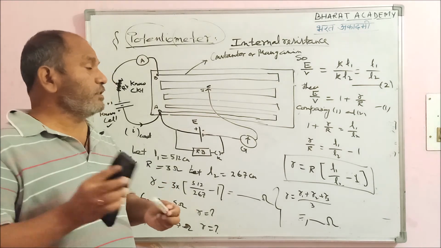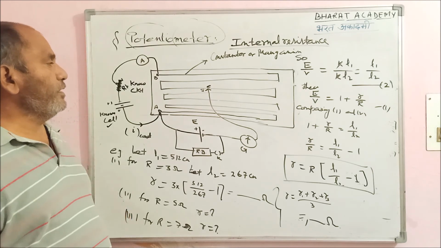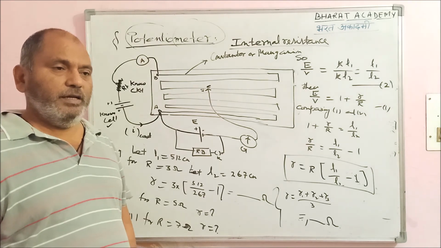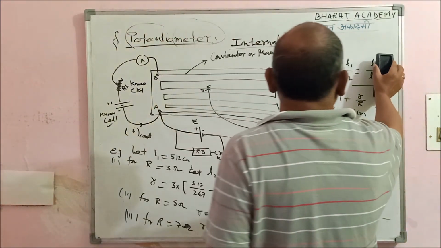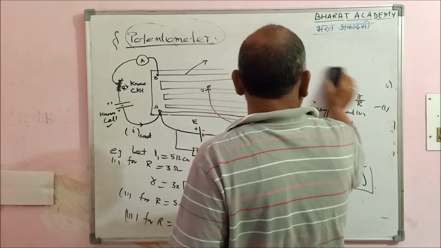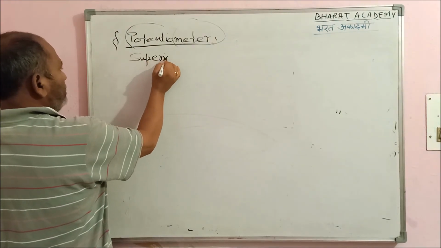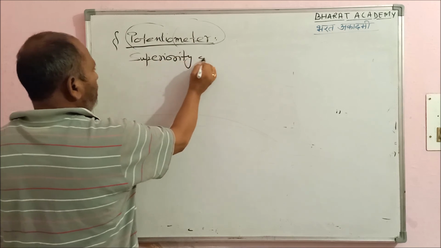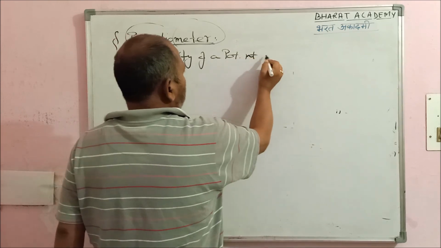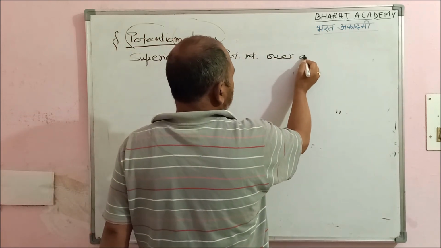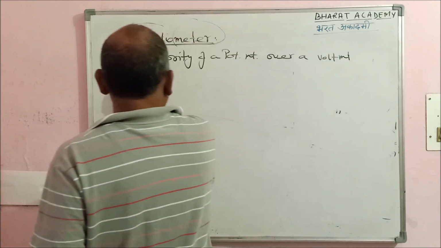Now the basic question, why is it needed? We were having a voltmeter, very easily one can calculate the EMF and compare it. What is the superiority of a potentiometer over a voltmeter? Most of the time they do ask. When we are having a voltmeter, why are we using a potentiometer?